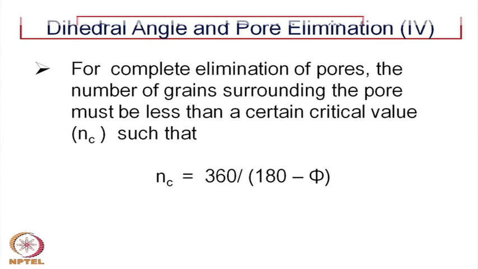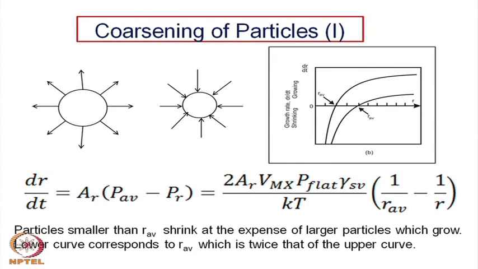Well, we have considered earlier the coarsening of the particles in the very first lecture. There is a possibility of coarsening of particles, and once the coarsening of particles takes place at a very low temperature or initial stage of the sintering, then the densification becomes difficult.